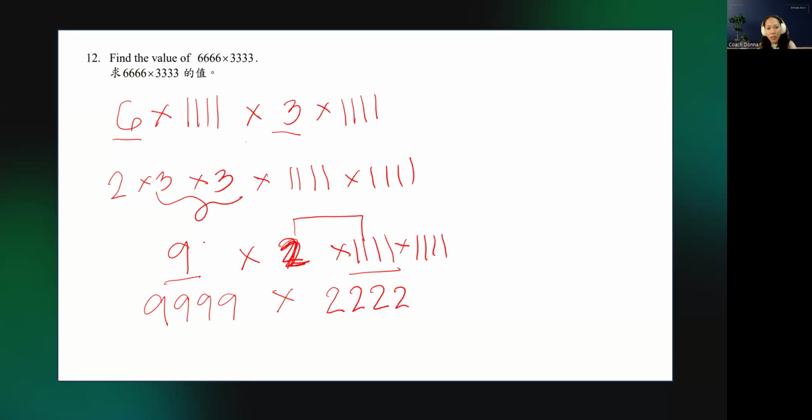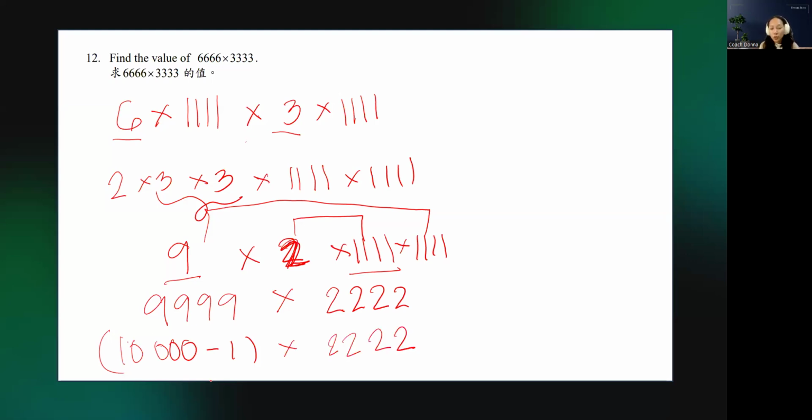We just multiplied this one and multiplied this one. All right? So now, remember, 9999 is actually 10,000 minus 1. Multiply it by 2222. All right? So 2222, when you multiply it by a power of 10, like 10,000, you can actually copy this one, 2222, and replace the 1 here and copy all the zeros.